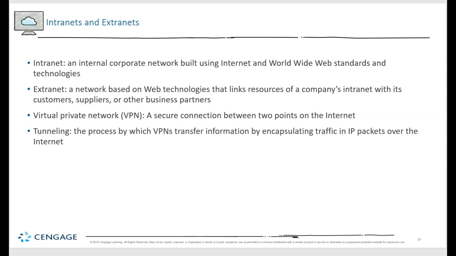Now, there's an extranet. It's still using the web technology, but it links some of the company's intranet with its customers, partners and suppliers. So it's still only company related, but now not everybody can go on.